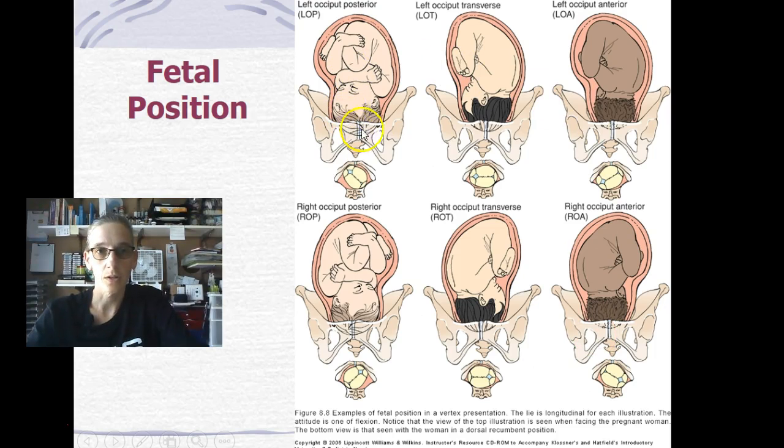Because remember I told you earlier, if we have occiput posterior, it's much more painful because we have the hard skull of the baby rubbing down the hard bony prominences of the mother's spine. It's much more painful. All right, so LOA or ROA are the most common. If you have OP, occiput posterior, LOP or ROP, this is what we call sunny side up. And when you get your back labor and back pain.